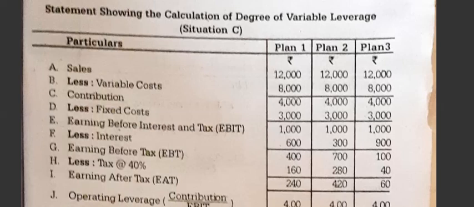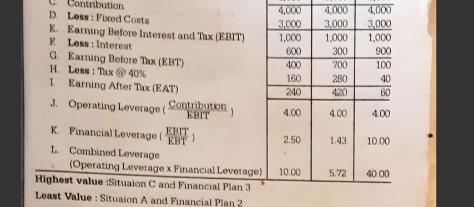Then deduct the tax. Then you will get EAT. Then operating leverage, the formula is contribution divided by EBIT. Financial leverage, the formula is EBIT divided by EBT. Combined leverage, same formula you have to use, and use the values and calculate.